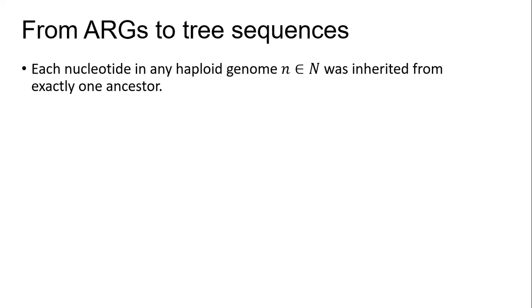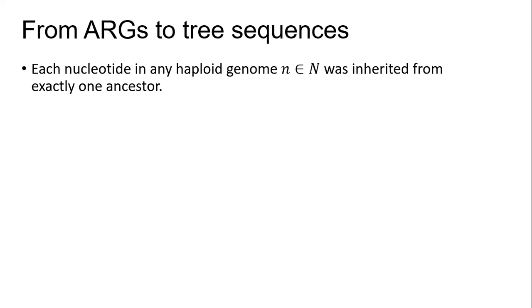It's impossible to have a single nucleotide that comes from two individuals. So if you take any position along any genome, that position will have been inherited from a parent, and that parent would have inherited it from another parent. And no matter how far back you go, you'll always only have a single parent. And that means that you can't have any sort of loop in the structure you form.